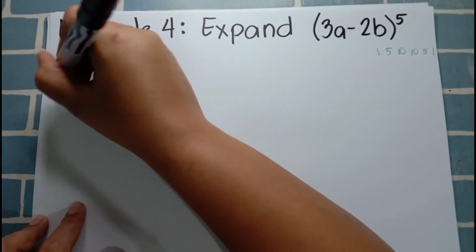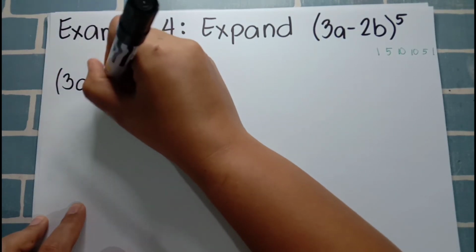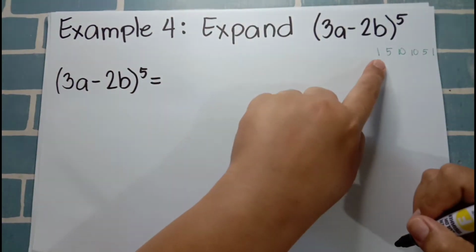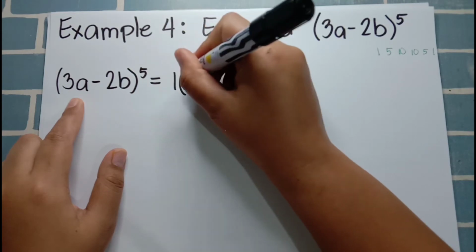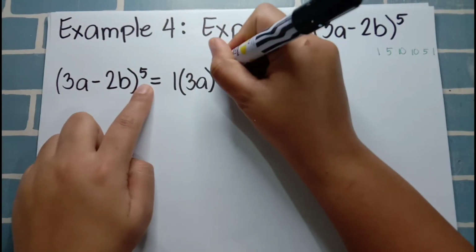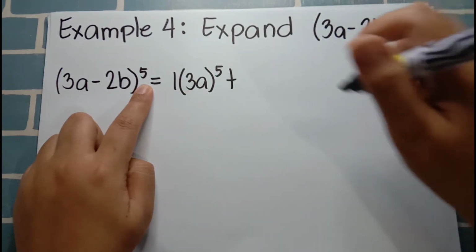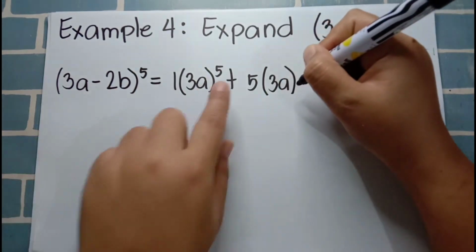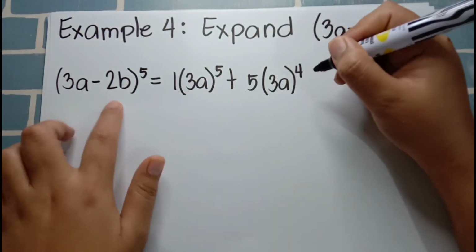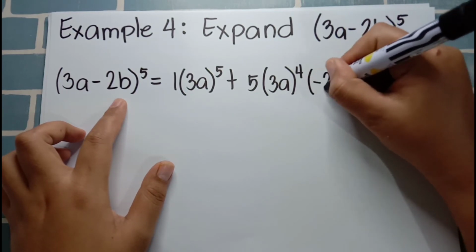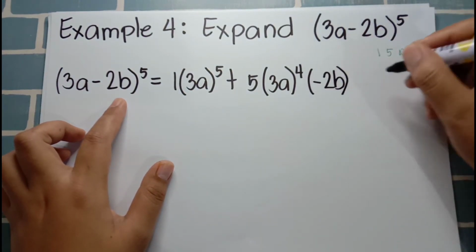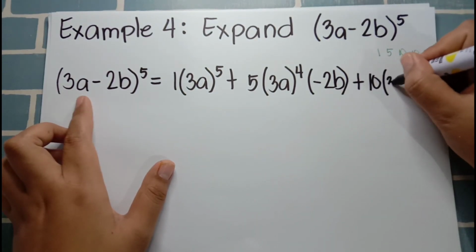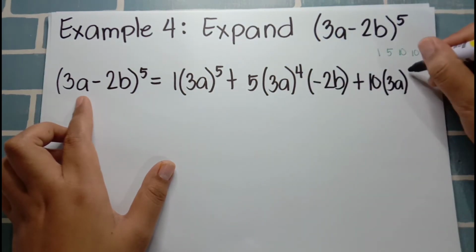So, expanding 3a minus 2b raised to 5 equals 1 times 3a raised to 5 plus 5 times 3a. So, 5 dun sa una minus 1, it will become 4 times negative 2b, plus 10 times 3a. 4 yun sa una.